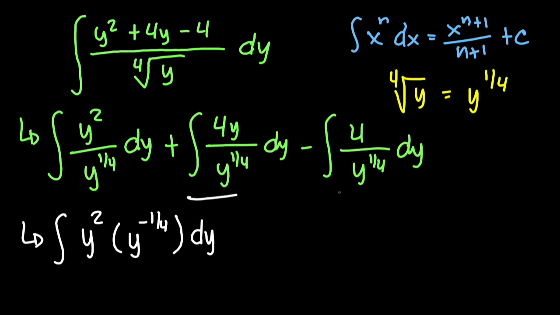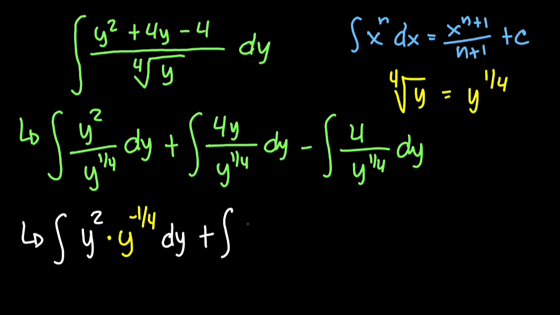So let's do the same amongst these three. Let me just rewrite this: y squared multiplied by y to the power of negative 1/4 dy, plus the integral of 4y. We can actually put 4 outside the integral. So this would be equal to 4 integral of y multiplied by, moving this up again, y to the power of negative 1/4 dy.